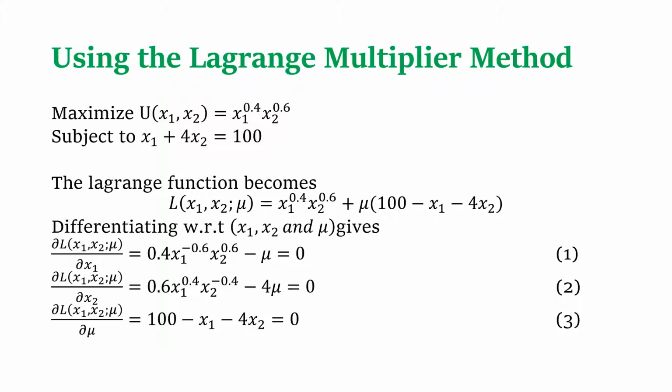We want to allocate our scarce resources subject to our limited income. So how do we go about doing this? We are going to optimize. So this brings in the concept of constrained optimization. So now I introduce my Lagrange multiplier here.